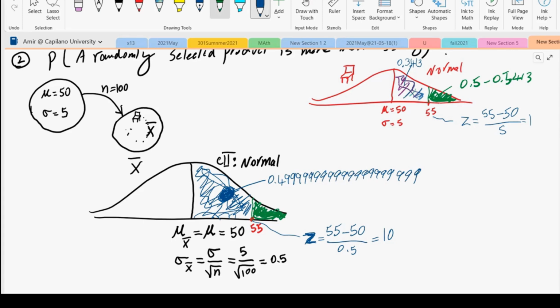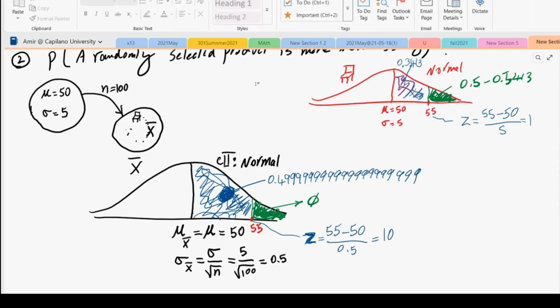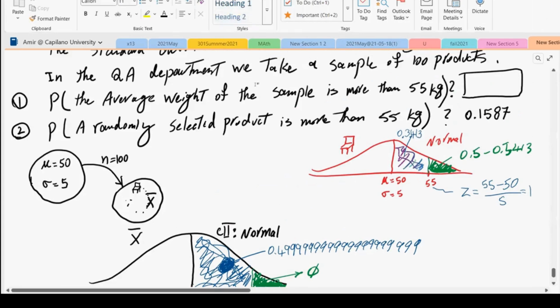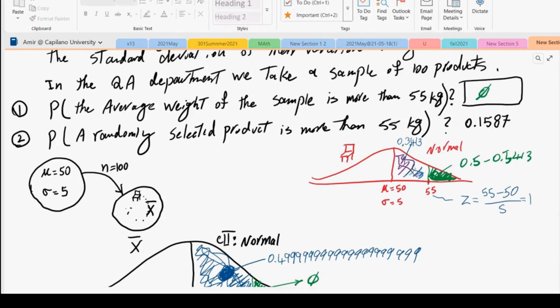Therefore, the green area is very close to zero. From the center to infinity is 0.5, and from the center to the end of blue is 0.49999999999, so this green area is very close to 0. Therefore, the answer to the first question is 0.